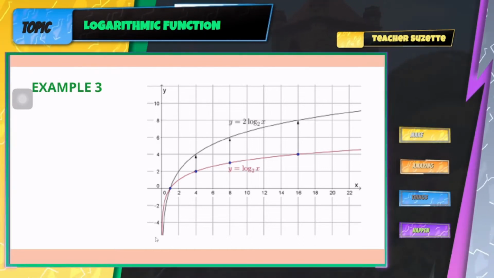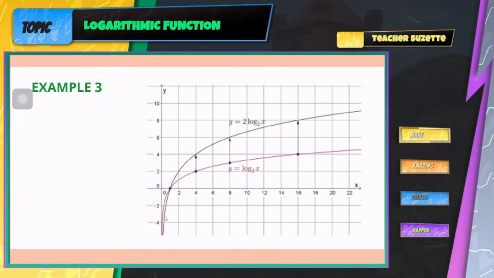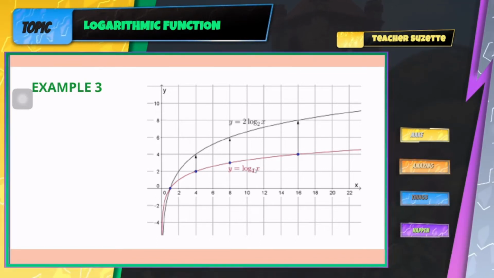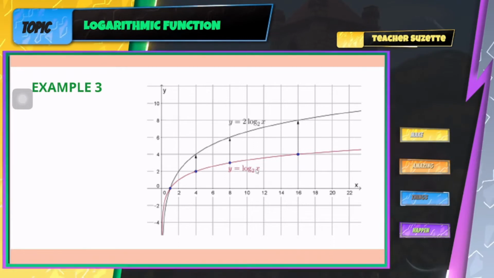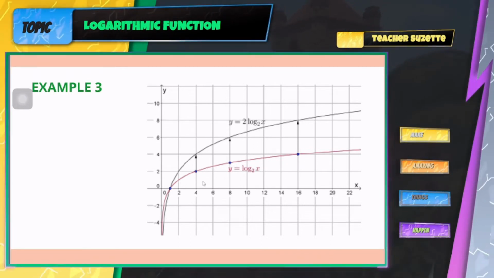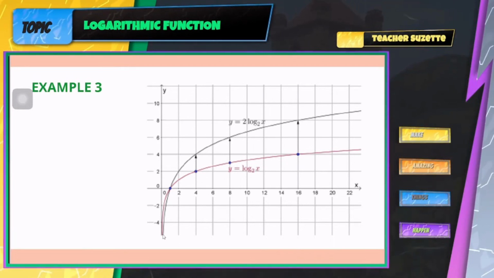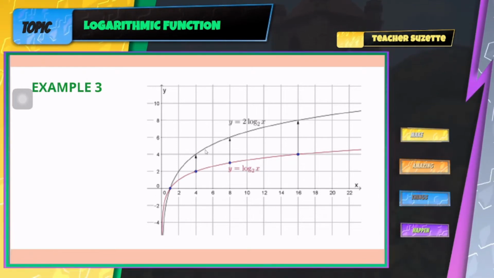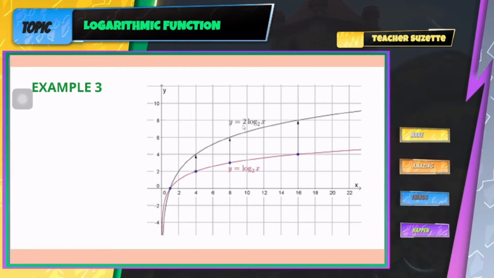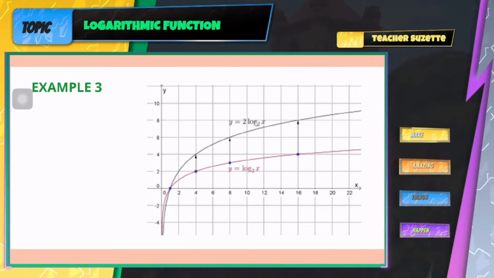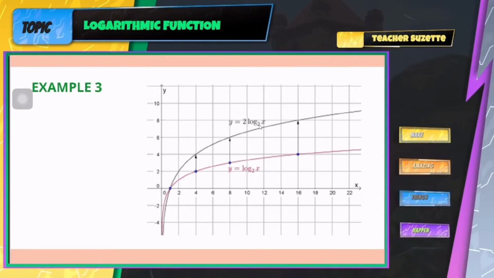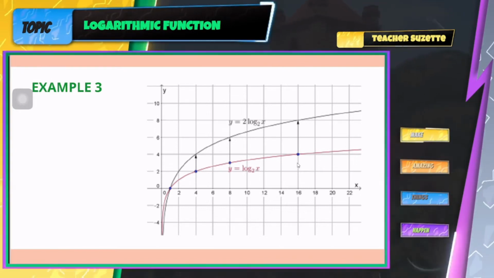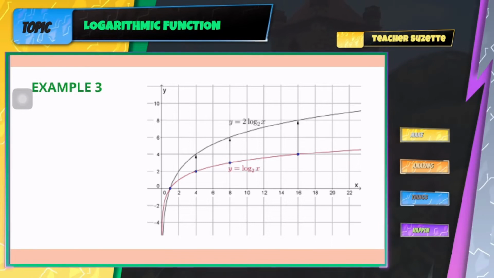We have here yung ating original, which is yung nakapula, y is equal to the logarithm of x base 2. And as you can observe, what happens to your graph when we multiply 2 to our logarithm of x base 2? Mapapansin nyo that nag-move siya upward.